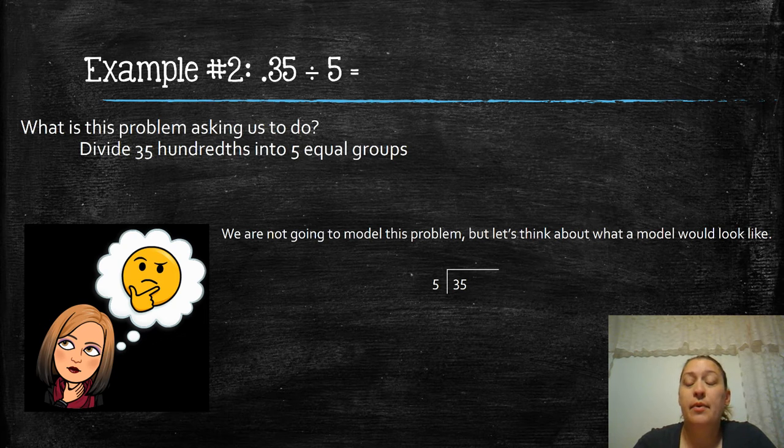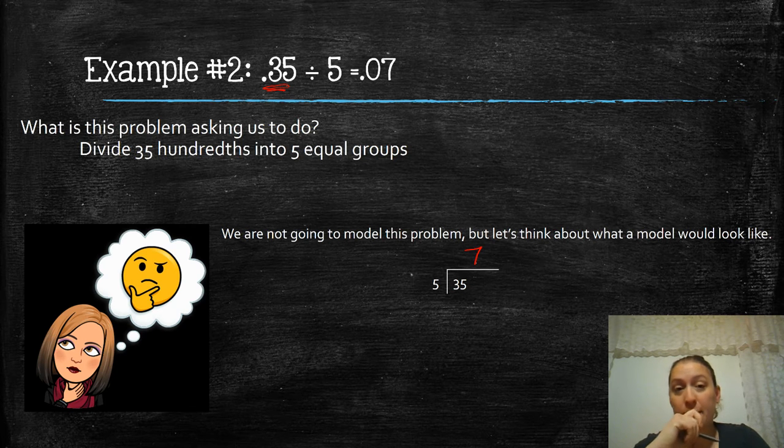Well, I could set it up like I would do our normal division problems. And 35 divided by 5 is 7. But we're dividing hundredths, so our answer would be 7 hundredths.